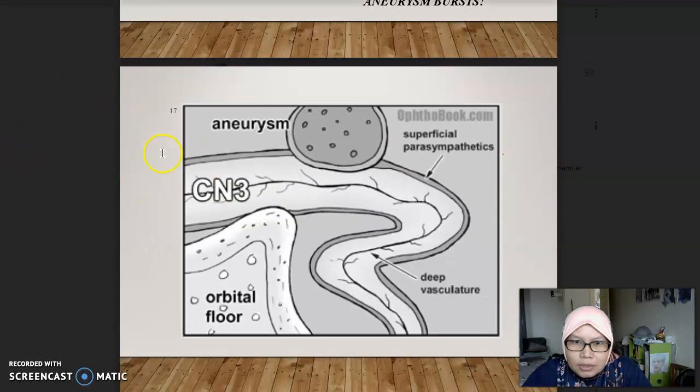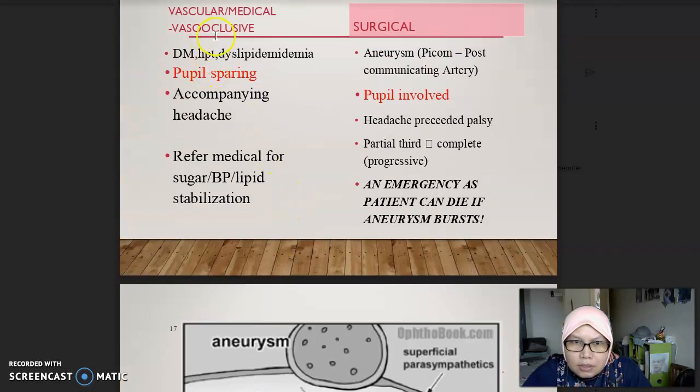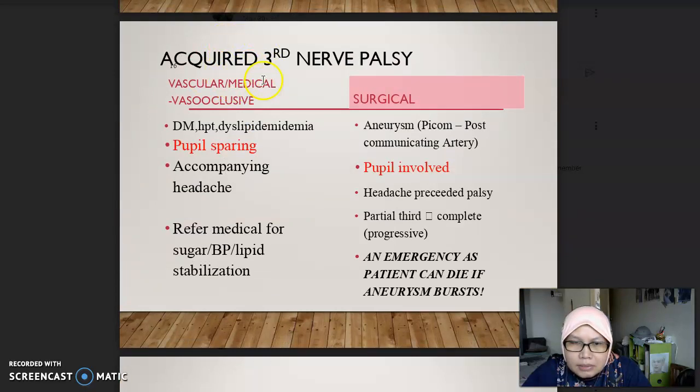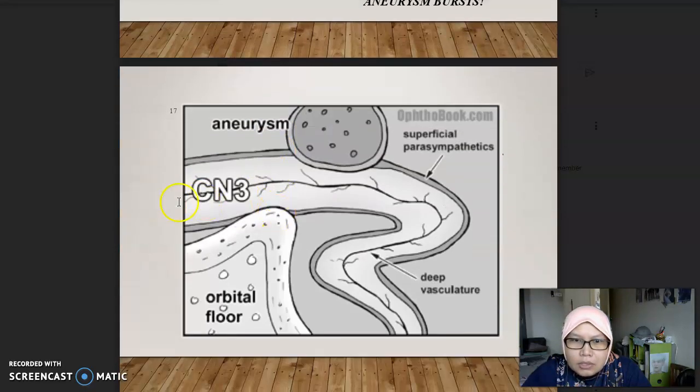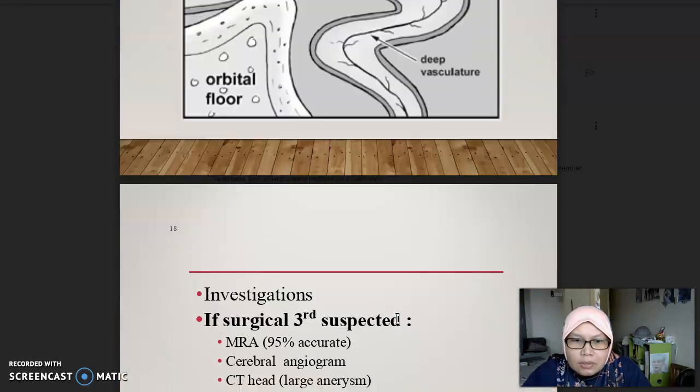I hope you understand. The pupillary fibers run on the outside. However, if it is medical third nerve palsy, usually the problem comes from inside, because of ischemia, because of occlusion.